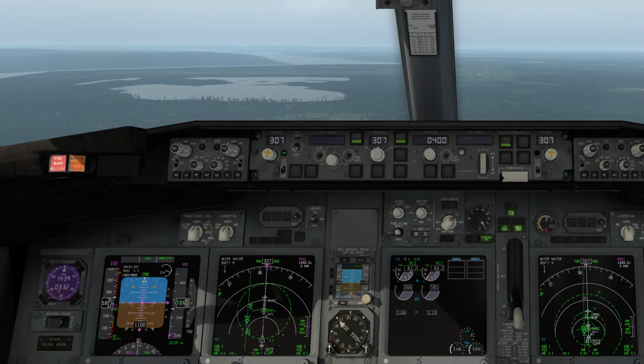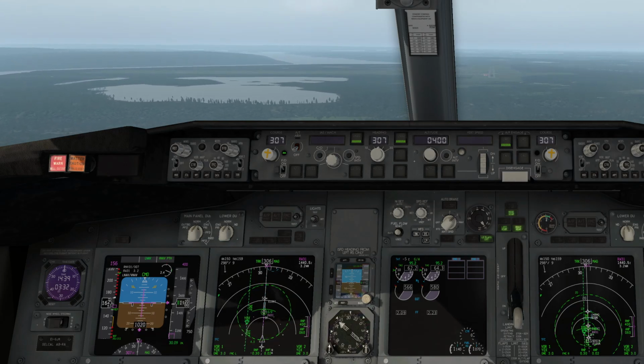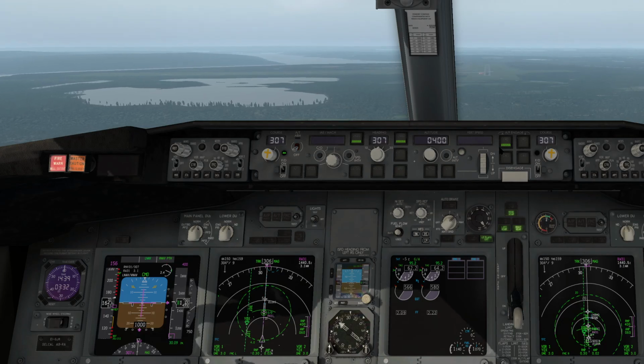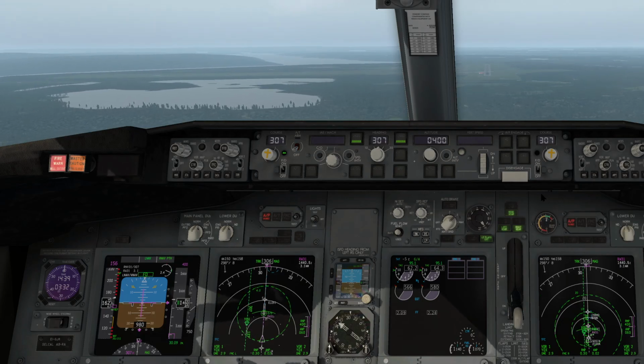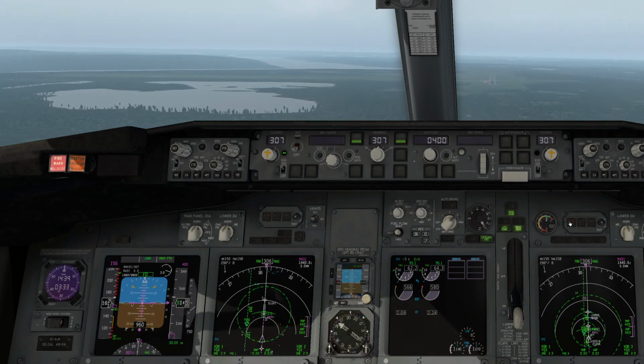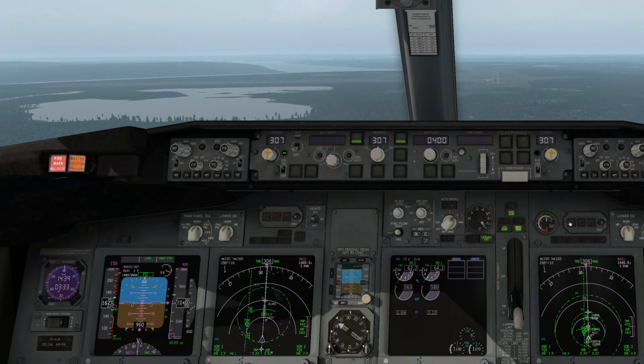Passing 1,500 feet. At 1,000 feet above ground, autopilot off. Continuing the descent.